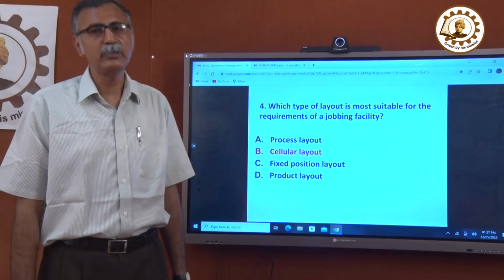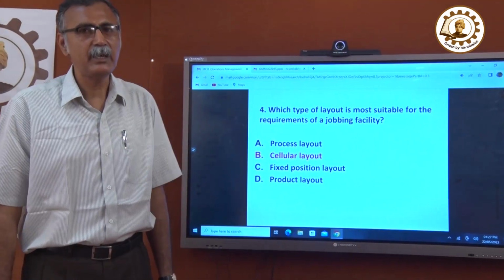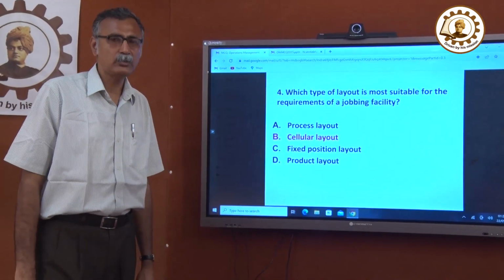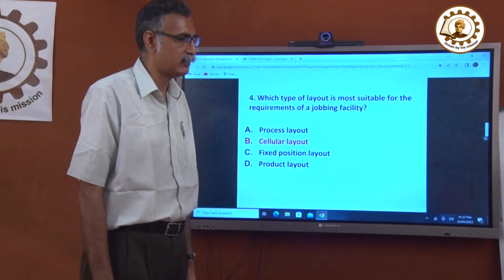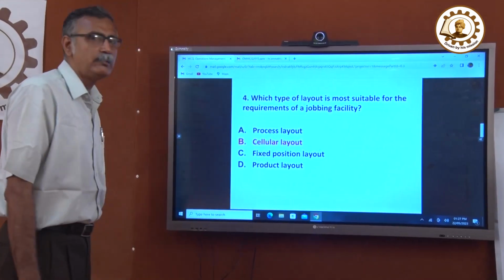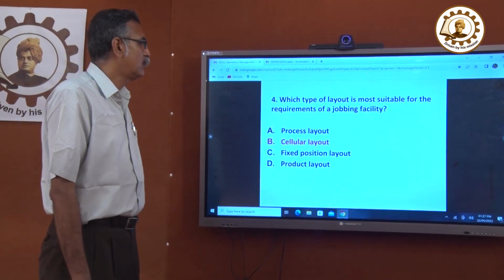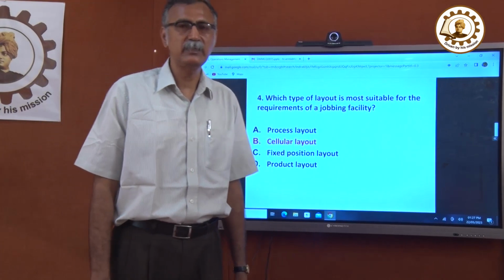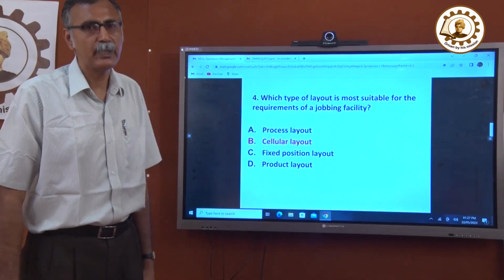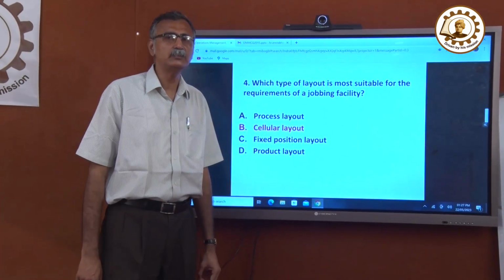According to the order, the carpenter has to make an almirah, sometimes a cot, a divan, a table or chair. All the things are not similar or identical, and those are small products. This kind of facility is called a jobbing facility.